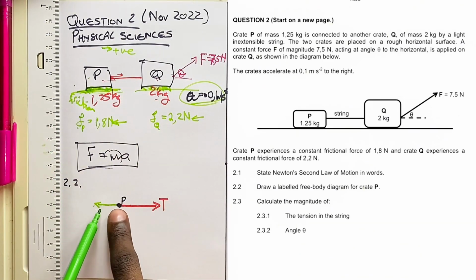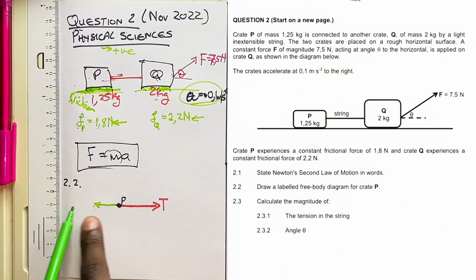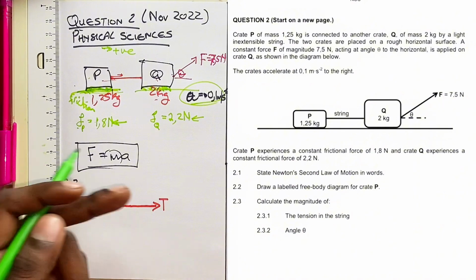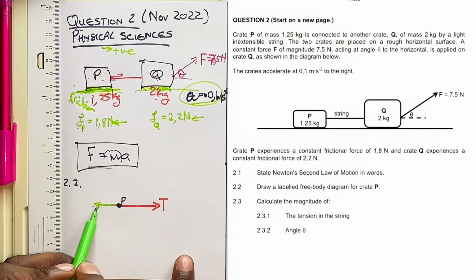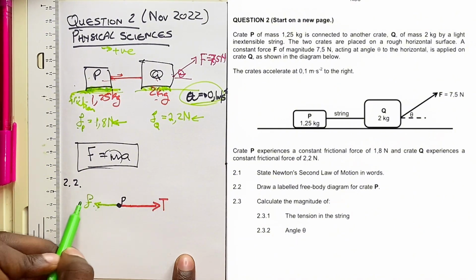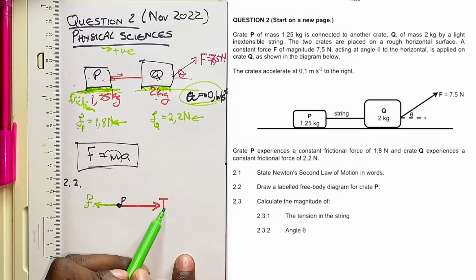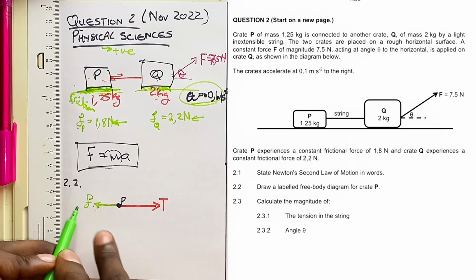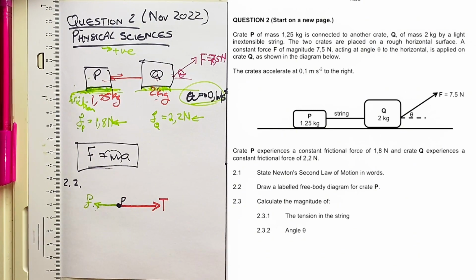Or if the force acting in the opposite direction was greater than the tension, then it would move to the left instead of the right. So we know that this friction is not greater than the tension. You can name and say this is the tension, this is the friction.